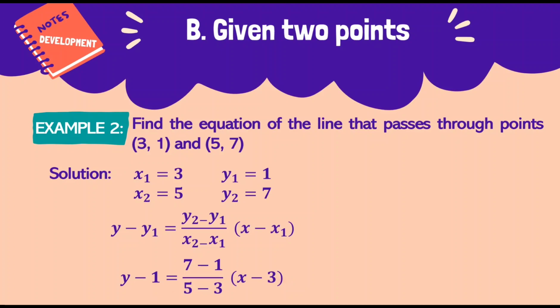Now, let us solve. 7 minus 1. Okay, correct. So that is 6. How about 5 minus 3? Very good. So that is 2. So since meron na tayong answer for our numerator and denominator, we can rewrite that. Okay, so it becomes y minus 1 is equal to 6 over 2 times x minus 3.